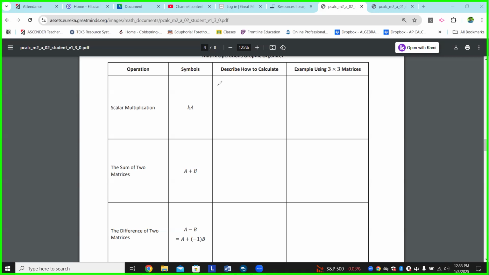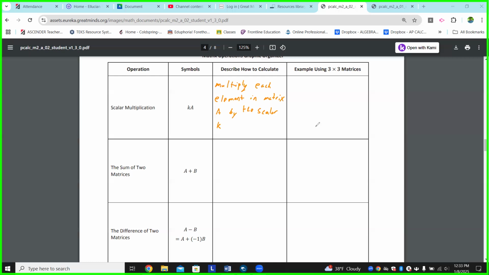So again, the description here is we're just going to simply multiply each element in matrix A by the scalar k, whatever that k value might be.